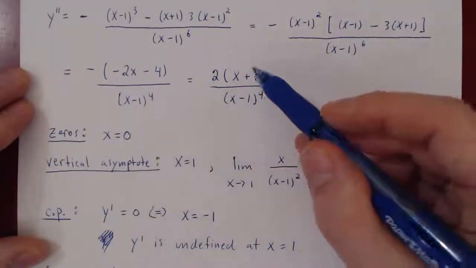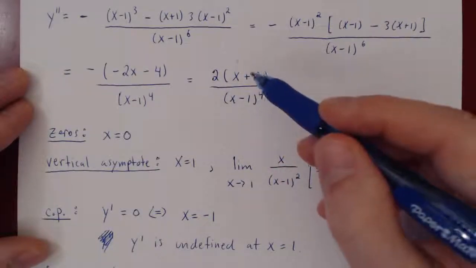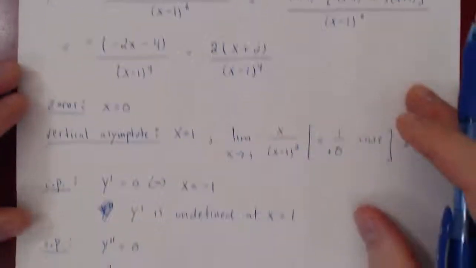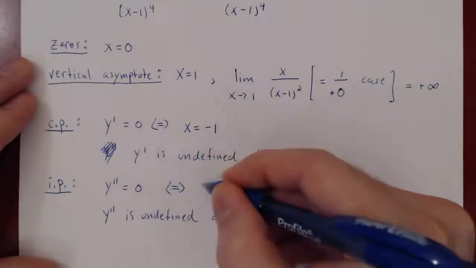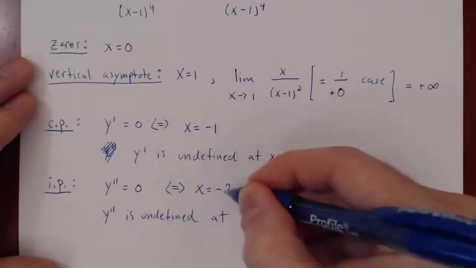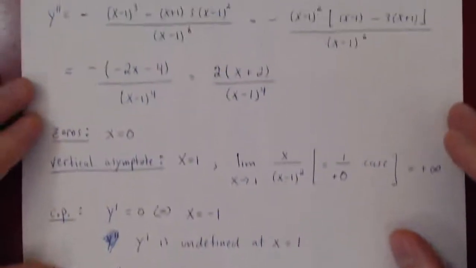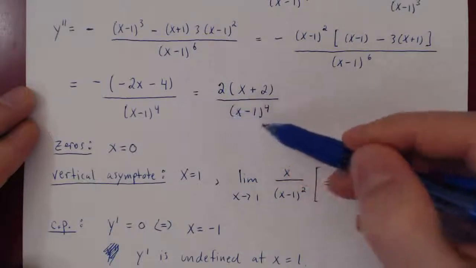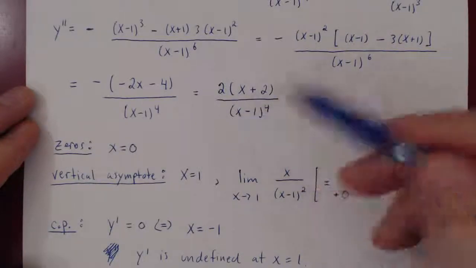And now again, the second derivative is a fraction. It can only be 0 if the numerator is 0, therefore if x plus 2 is equal to 0, so if x is negative 2. So we have a possible inflection point at x equals negative 2, where the second derivative is 0, but the second derivative being a fraction is also undefined if x equals 1 again, because we have a division by 0 if x equals 1.